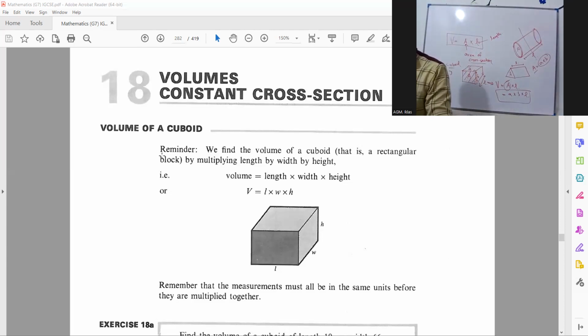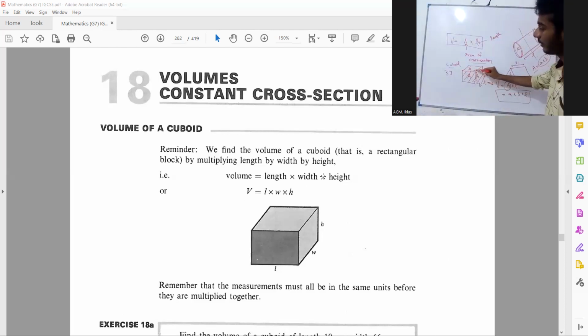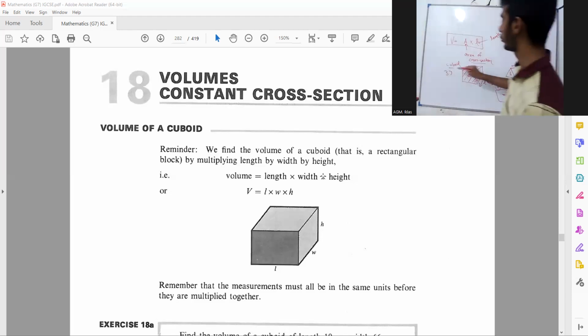For finding the volume of a cuboid, V is equal to length into width into height. This is height, this is width, and this is length. So you have three sides, and you are going to multiply all three sides for finding the volume of a cuboid.